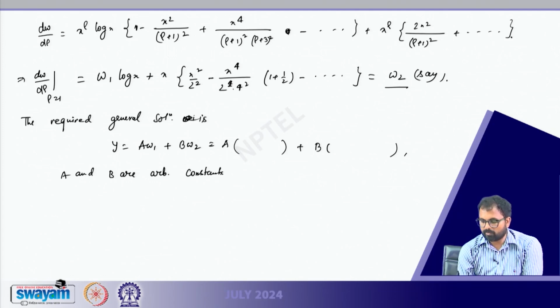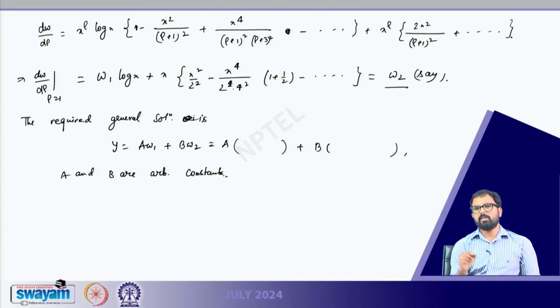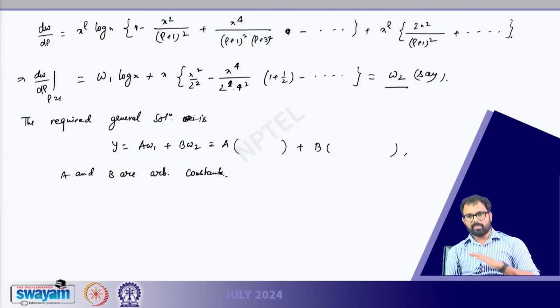Because of time constraint, I derived the solution, but in the next class I will tell you how we calculate this indicial equation and why we are introducing this w1 and w2. But the general idea is that when you have a singular point, you write down the solution as y(x) equals x to the power rho into summation n from 0 to infinity of a_n or c_n x to the power n, and from there we put everything back into the original equation.